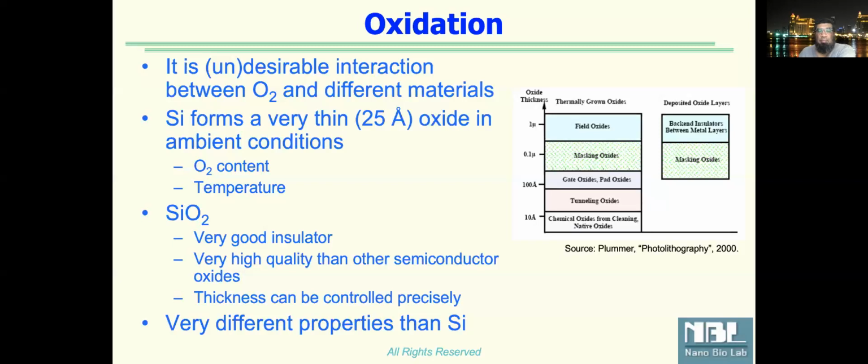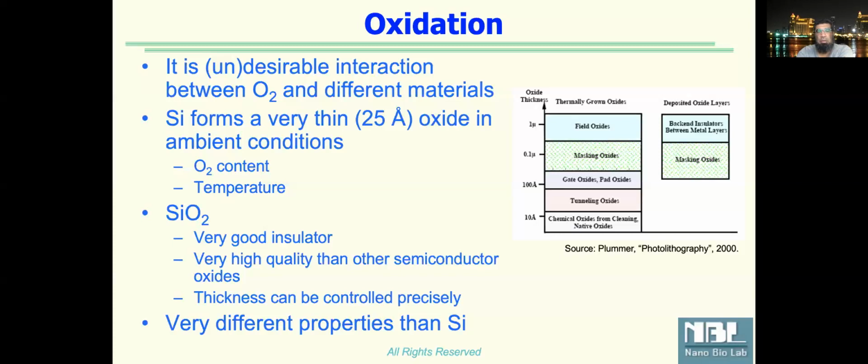You can make a thicker oxide, and that would be what you call as masking oxide. Oxide which we may use to cover a whole range of area just to mask what's beneath, what's below. Or you can use it as field oxide, which is 1 micrometer thick. And the reason is we want to cover the whole field with oxide, just cover the whole thing with an insulating material.